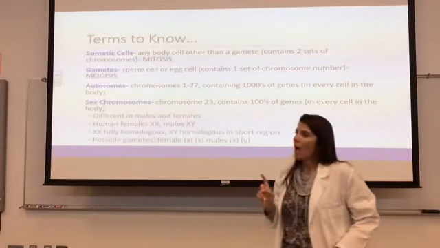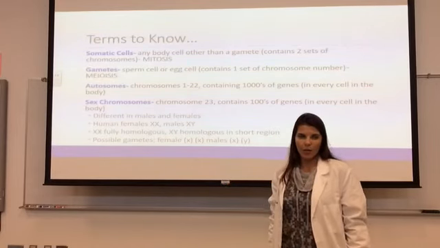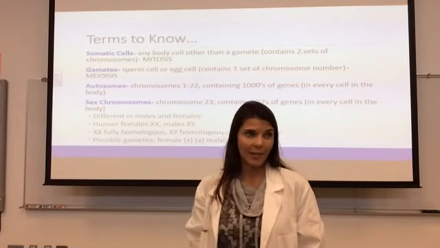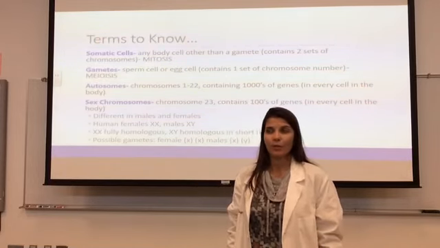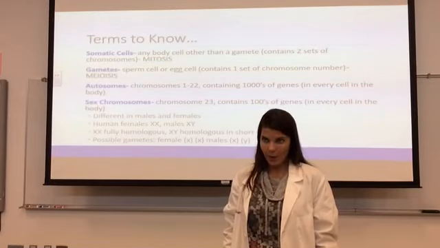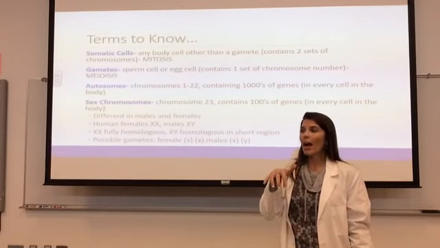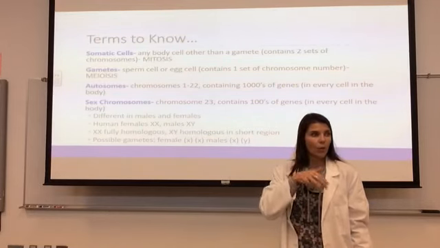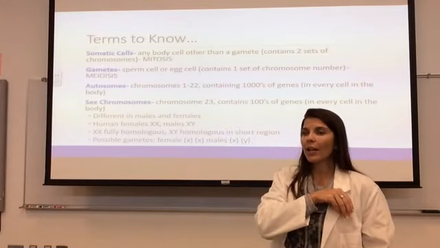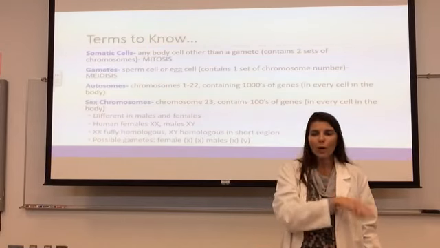So how many chromosomes are in each of your cells? 46. How many paired? 23 paired. Last week, I told you how they were organized in order from largest chromosome to smallest chromosome, and we call that a karyotype. But we number our pairs 1 to 23.